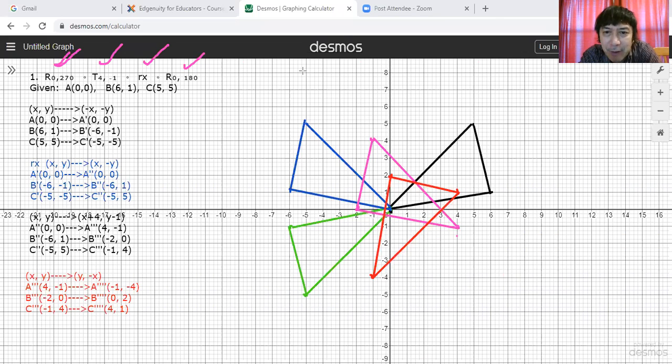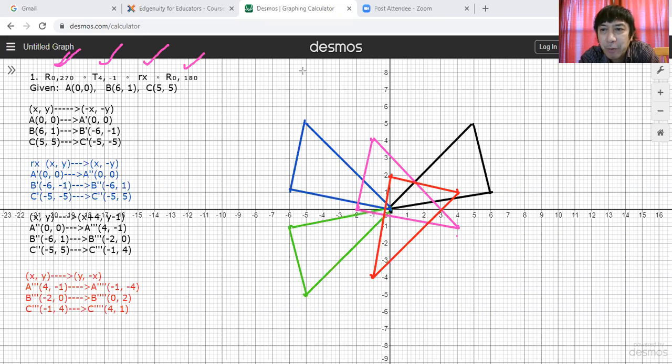And that came from the pink when rotated 270 or 90 degrees clockwise. 270 degrees is 390 degrees going counterclockwise. That's the same as 90 degrees clockwise.